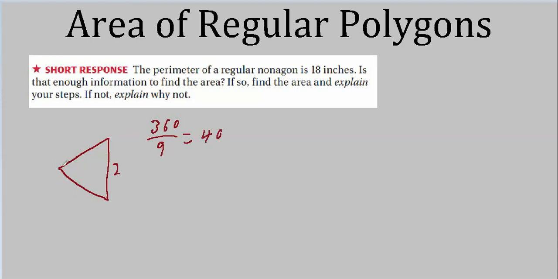If we drop this bisector down here, and we know it's a bisector because this triangle we draw here is always isosceles. This is what's called the radius of the polygon.